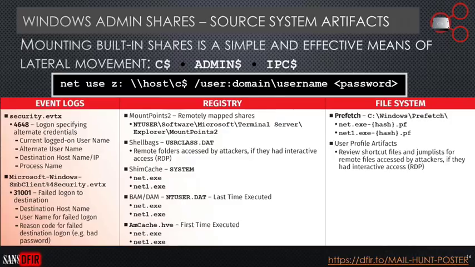How often do you think that you're going to have a user, like Jill in HR, connect to Joan's system in finance using a net use command, using an admin-enabled account from system A to system B? That'd be extremely rare.